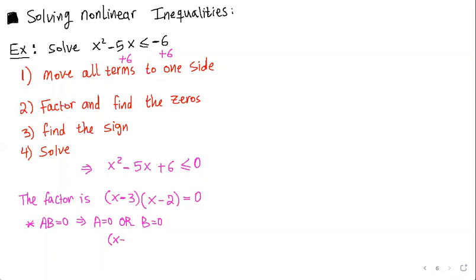So this means x minus 3 equals 0 or x minus 2 equals 0. Solve these linear equations. What do I get?